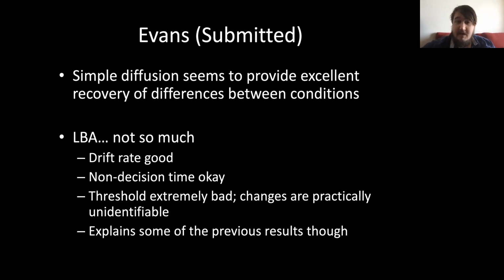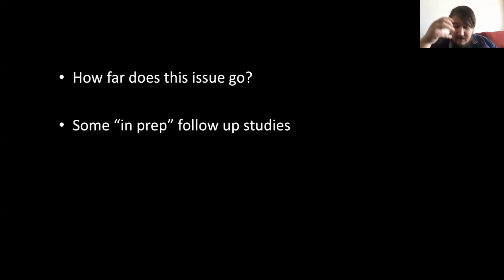This, however, does explain some of the previous results that I showed. It would explain, in my SAT paper, the Think Fast one, why the LBA didn't really show threshold effects.